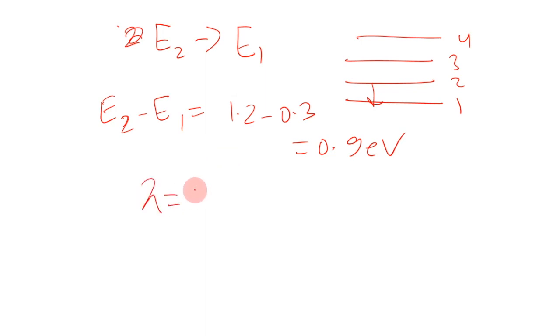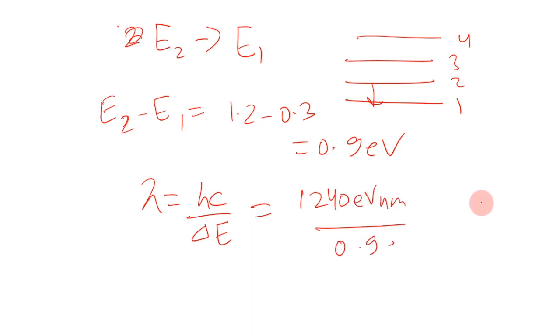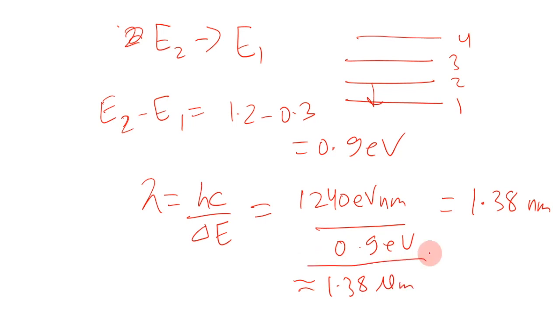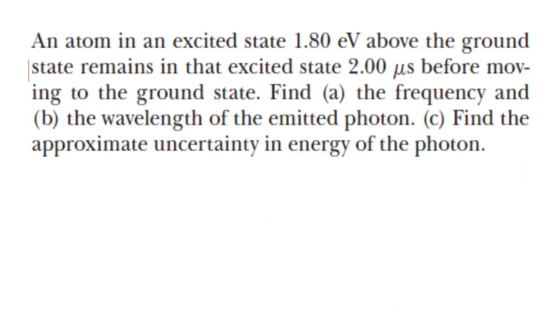Similarly as we did in the first part, we use delta E. So lambda will be equal to 1240 electron volt nanometer divided by 0.9 electron volt, which will be equal to 1380 nanometer, which comes as 1.38 micrometer.